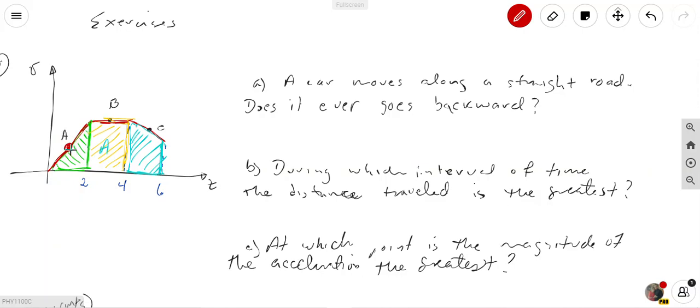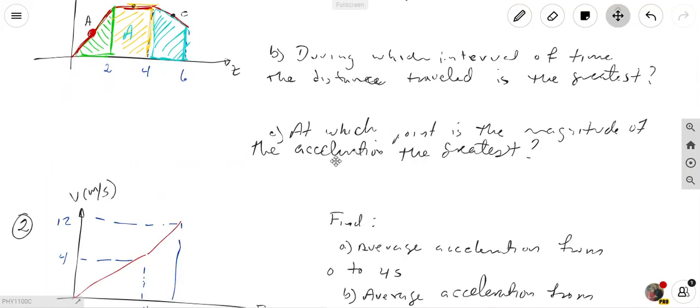So we can say without any doubt that the acceleration has its greatest value from 0 to 2 seconds.